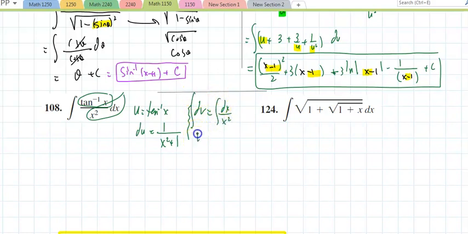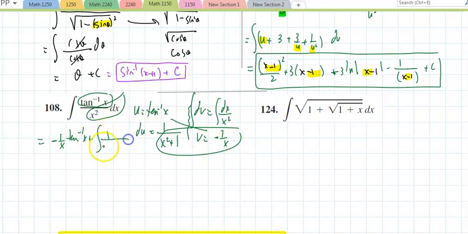And if you integrate, v will be negative 1 over x. So this is going to equal u times v minus the integral of v du.